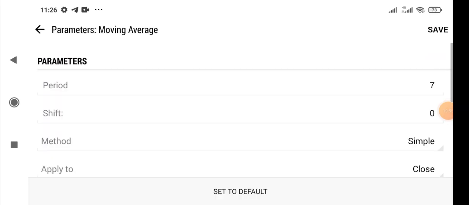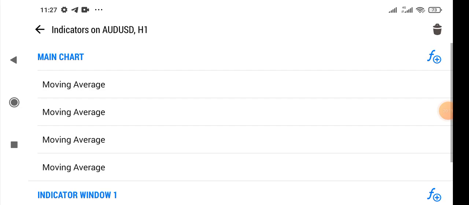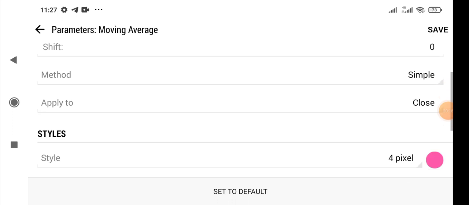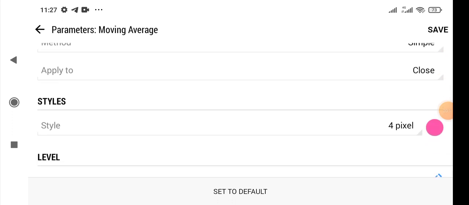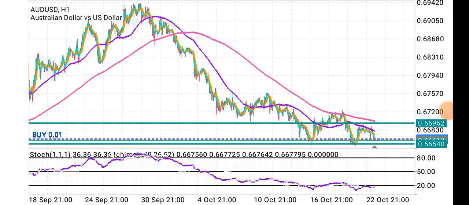Then our third moving average, we are going to have 7, 0, simple, close, style your liking, and then the color that you desire. The last one is going to be 200, simple, close. I gave it 4 pixel, purple. So those ones are on the main chart. Your main chart is supposed to look like that.